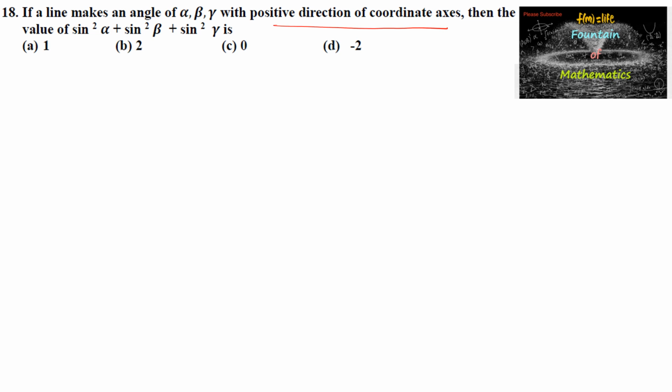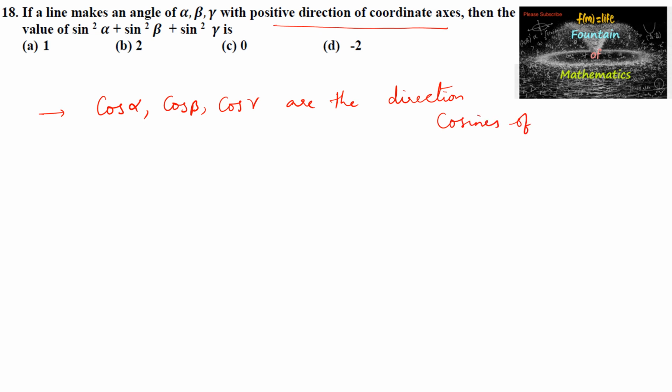Since a line makes an angle alpha, beta, gamma with the positive direction of coordinate axis, we can say that cos alpha, cos beta, and cos gamma are the direction cosines of the line, so that we have the relation cos square alpha plus cos square beta plus cos square gamma is equal to 1.